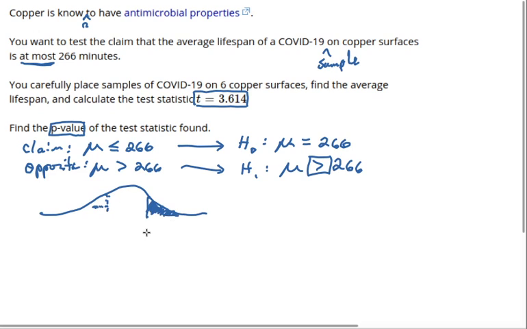So we know that our test statistic is positive 3.614, and we want to find the p-value, that is the area further to the right on our t-distribution. We can do this in two ways.